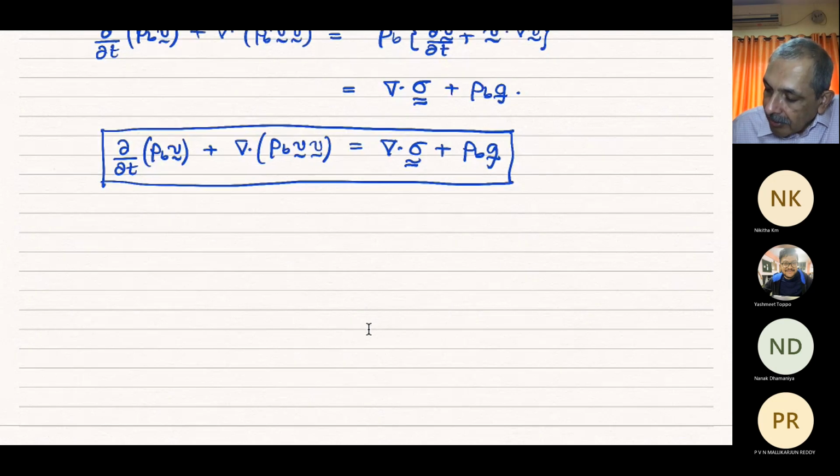So now let's look at the x component of this equation.